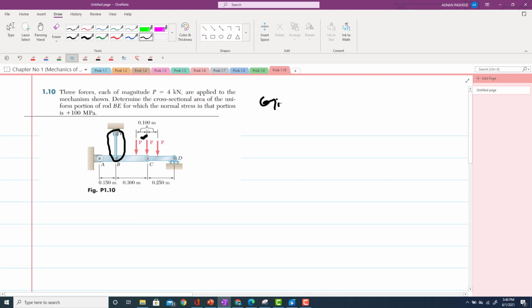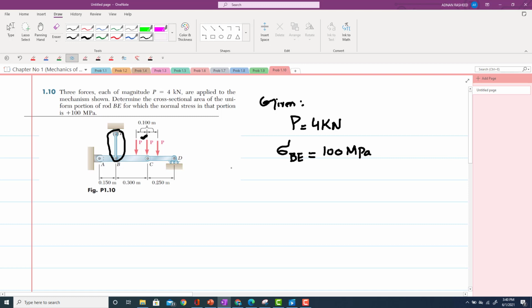So let's start with the given data. We have given the value of P, which is equal to 4 kilonewton, and we have also given that the stress in that portion of BE is 100 megapascal. So sigma BE is equal to 100 megapascal.